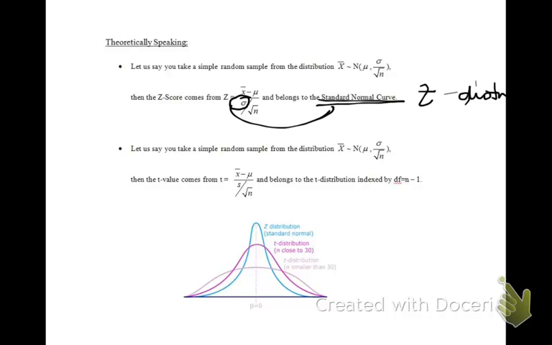So now let's say you take a simple random sample from the sampling distribution of the sample mean. But this time when you divide by the sample standard deviation s. When you use s, that makes you fall on the t-distribution, which is controlled by the degrees of freedom.